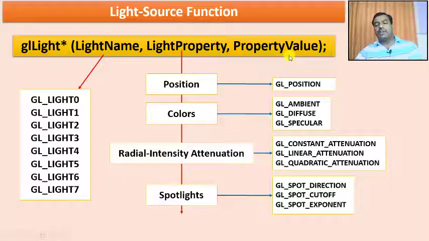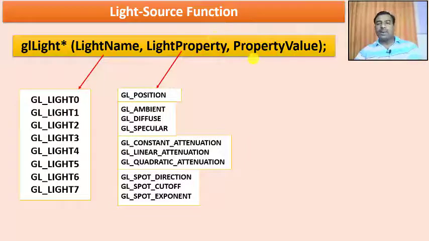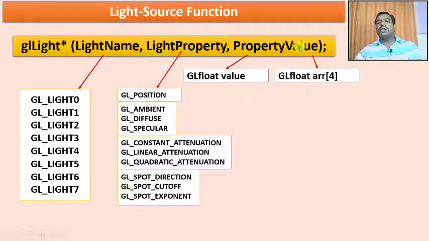Next, when you talk about the property value, I can pass a single value if I am not using V over here. If I am using V over here, then it should be an array of size 4, or in some cases the array size can be 3 also. There is no restriction, but 4 values is what we usually use. Now, if I am using GL_POSITION, should I pass a value or an array?